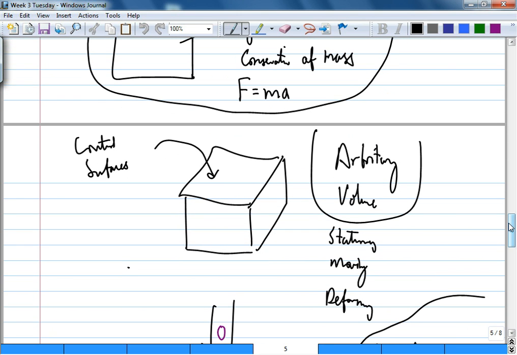The control volume is an arbitrary box that we use as an analysis tool. It has control surfaces, the surfaces on the control volume itself. It can be stationary, moving, or deforming. In this unit we won't be deforming too much. We'll be mostly stationary, and some are moving at constant speed.